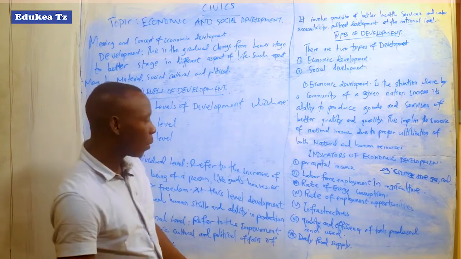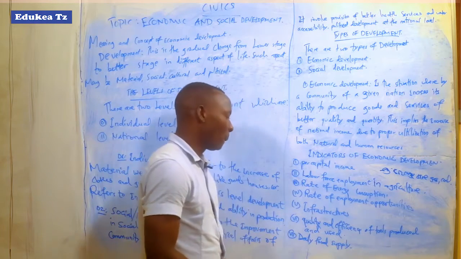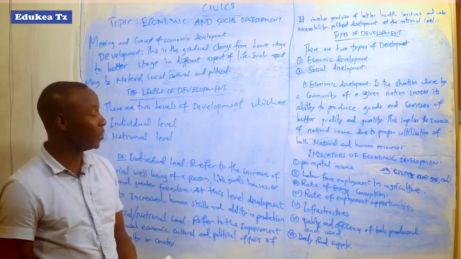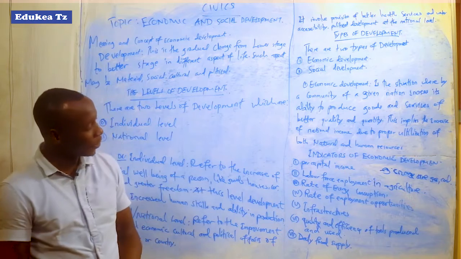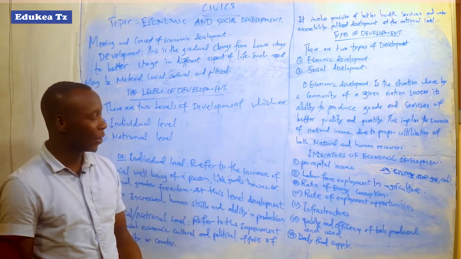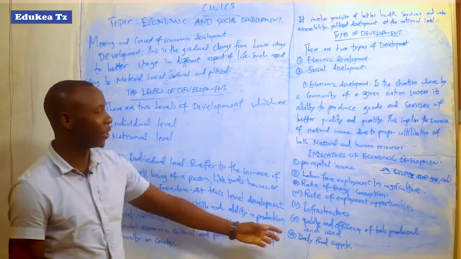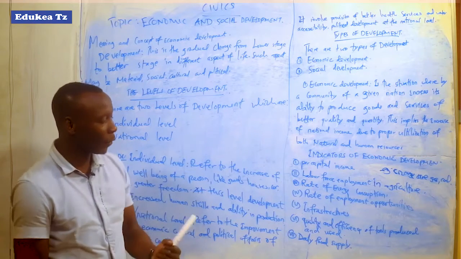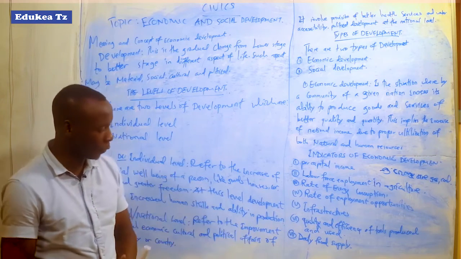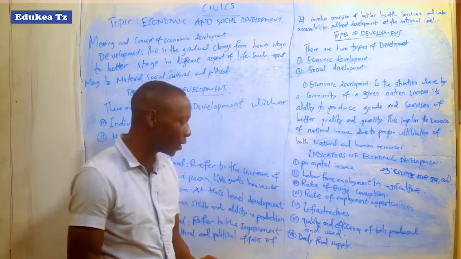Point number 6, quality and efficiency of tools produced. As you compare the tools or goods produced in developing nations and developed countries, they are quite different. So this shows the difference between developed countries and developing nations. It indicates that in economic development, a certain country is still low while another is very high.